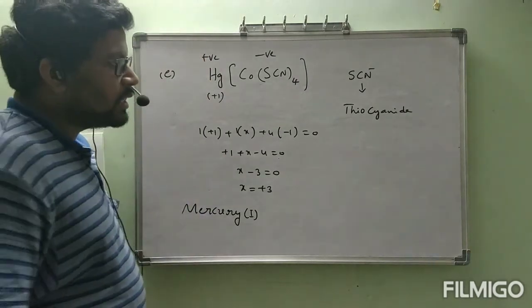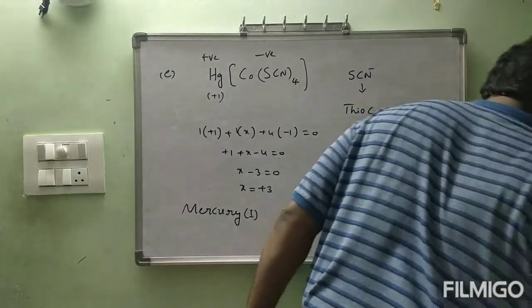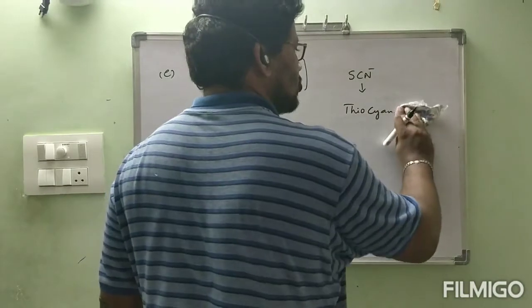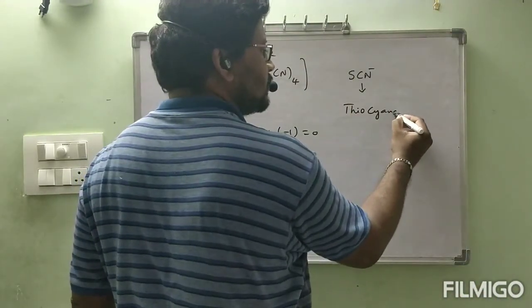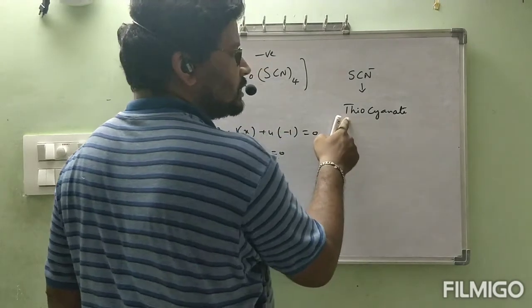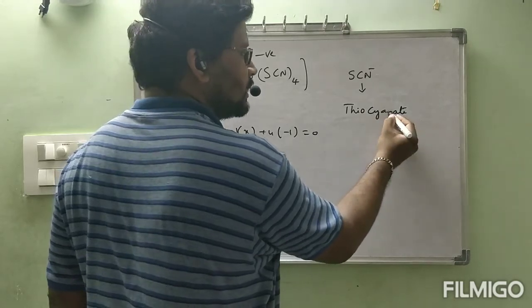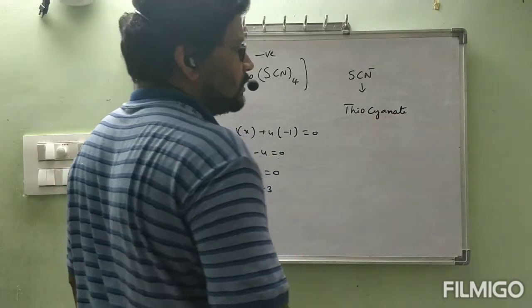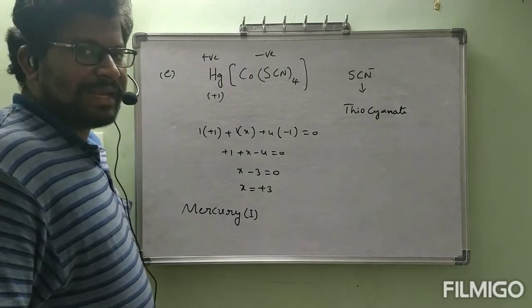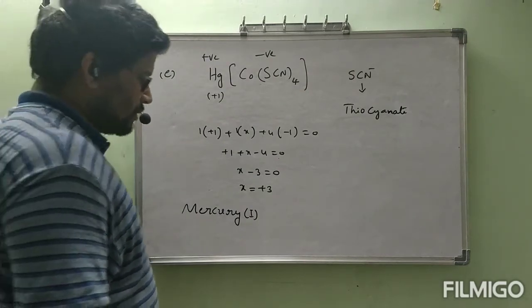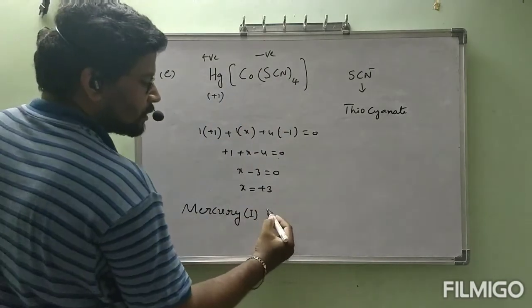One small correction: this is not thiocyanide. Sorry for this. The name of SCN minus is thiocyanate. Now mercury(I), contained by tetra.